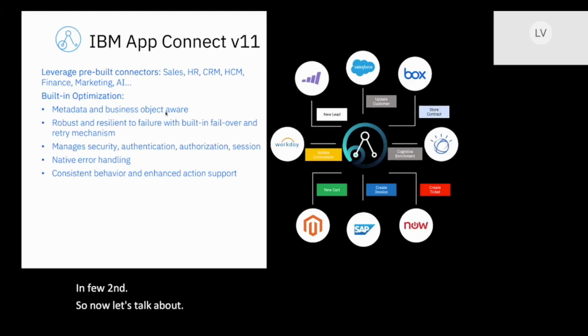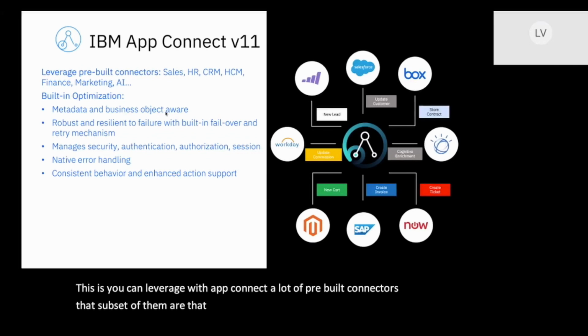So now let's talk about IBM App Connect. With App Connect you can leverage a lot of pre-built connectors. That's a subset of them for different kinds of usages. That could be Salesforce, Box, Watson for AI solution, Workday, SAP, and so on.